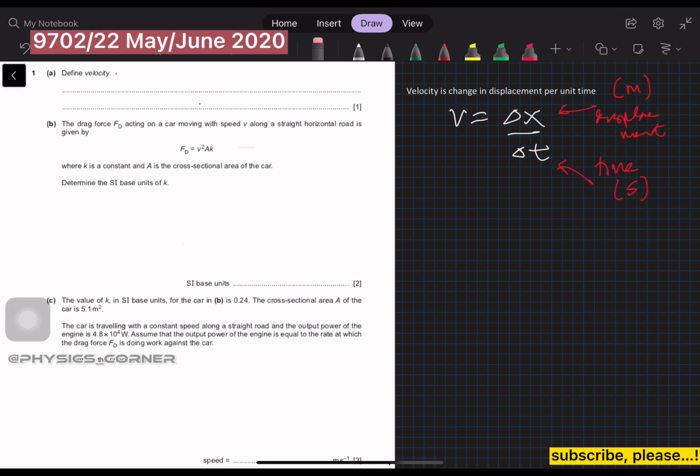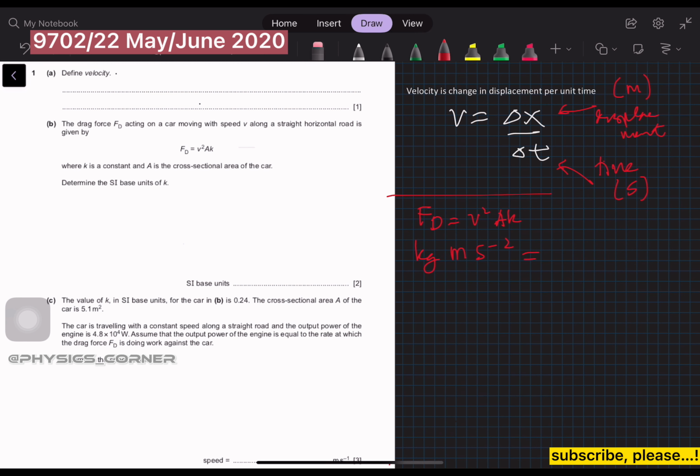Okay, we find the units of k. Start from the equation Fd equals v squared A times k. We go directly into units. The unit of force is the newton, which is the same as kilogram meter second to the power minus 2.